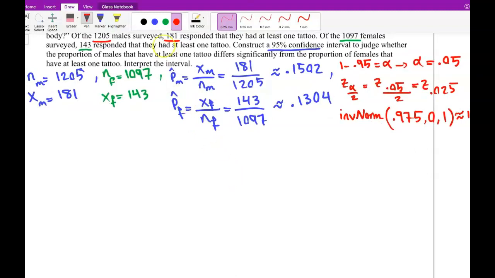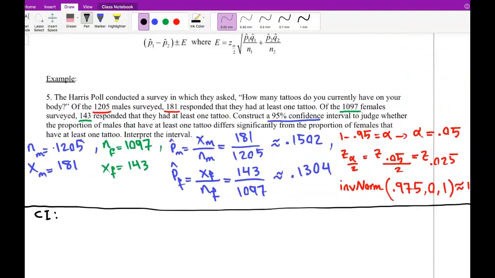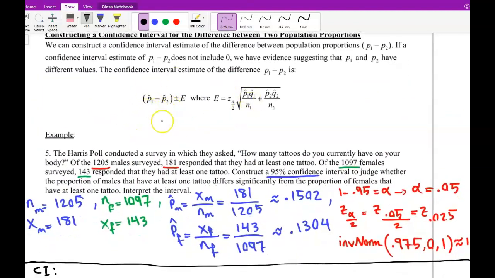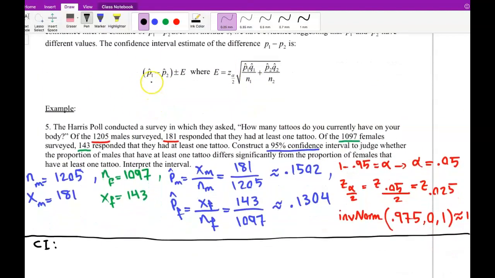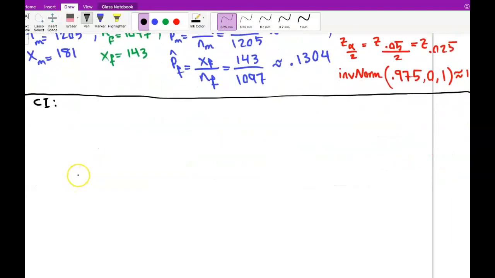Okay, after that, finding our interval. So confidence interval. Okay, we should use these: P1 hat minus P2 hat, plus or minus the margin of error.